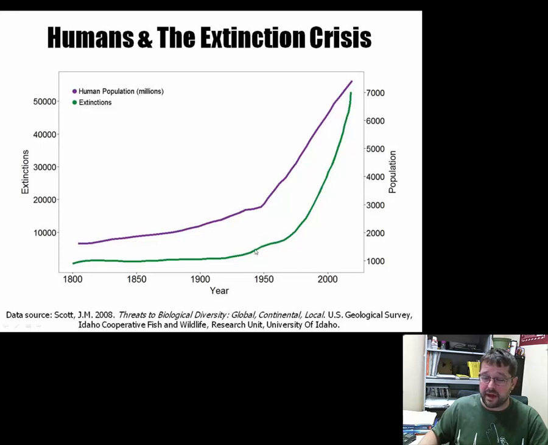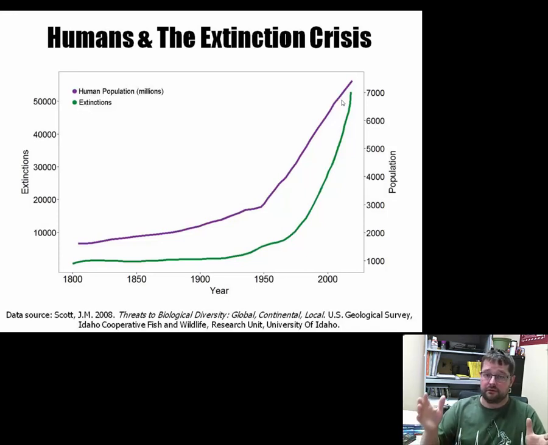Were there really that many more scientists between 1950 and 2011? The scientific community hasn't increased nearly as fast as the human population, right? There's actually probably fewer ecologists now because there's fewer jobs for ecologists now. You have a limited number of jobs in the field of ecology, and these are the individuals that would be documenting extinction rates and whatnot.